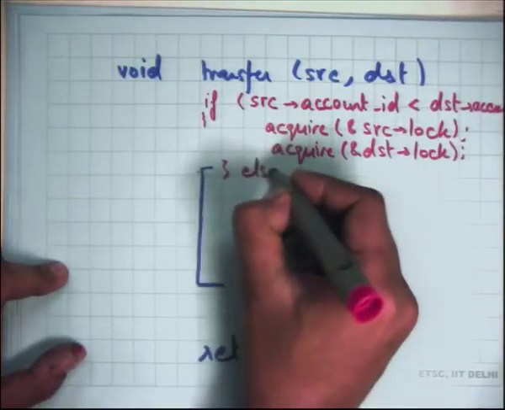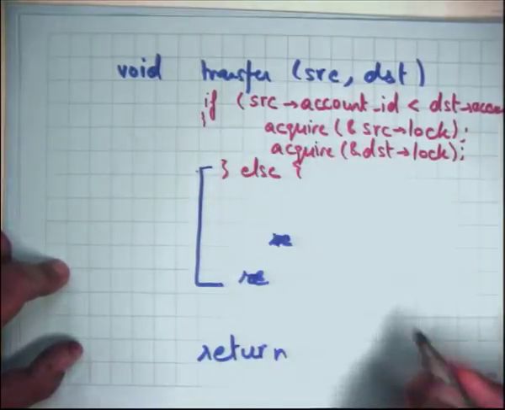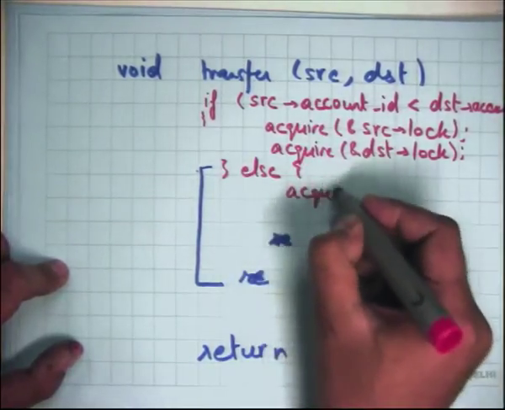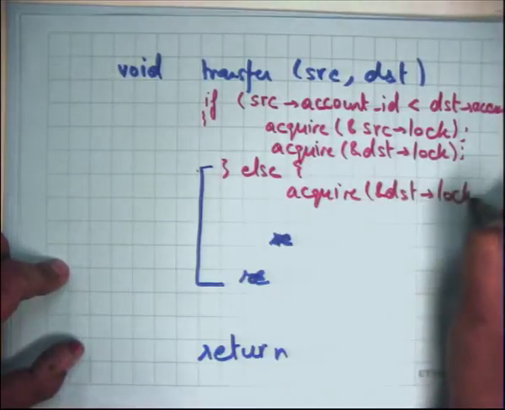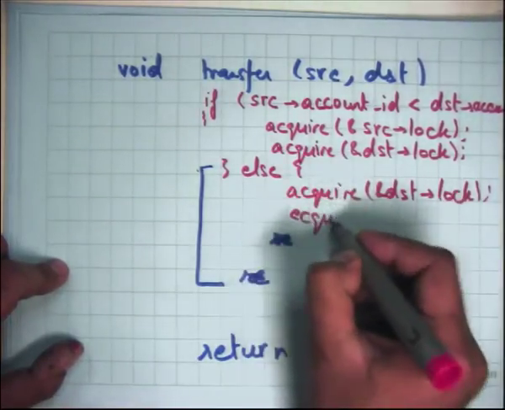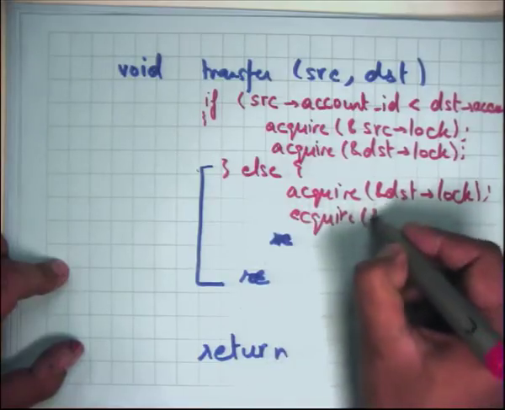Else, what? Acquire destination.lock and then acquire source.lock.